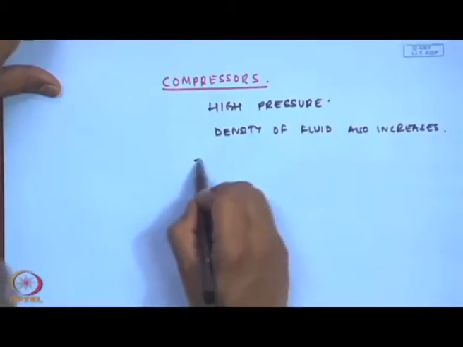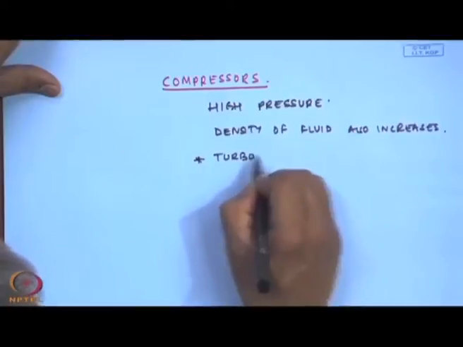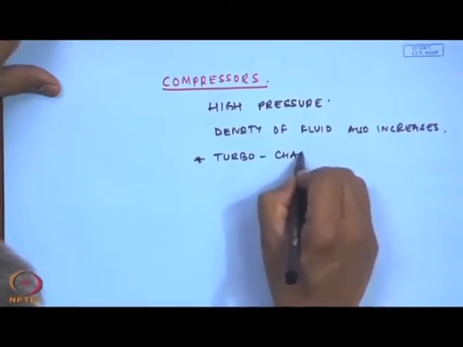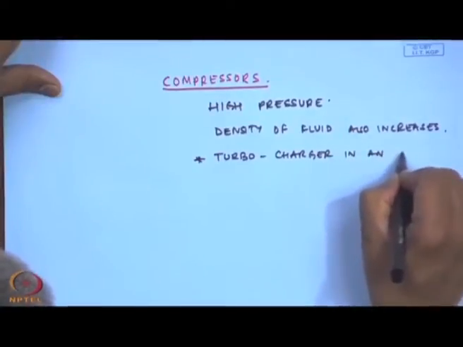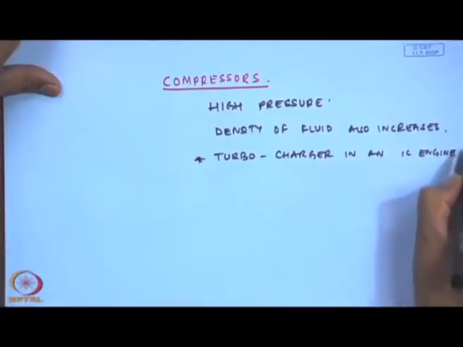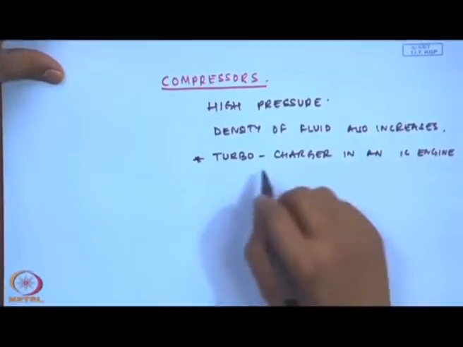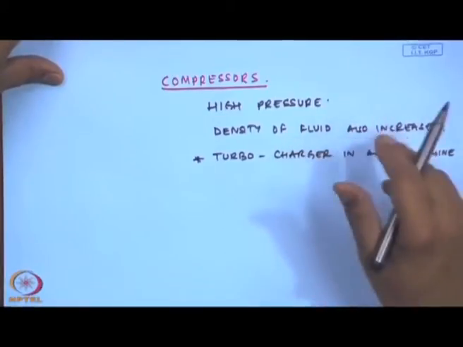A good example is the turbocharger in an IC engine driven by the exhaust gases, which are used to compress in the inlet air, so that the density of inlet air increases, so that for the same given volume I can have more mass of air coming to my system for combustion.